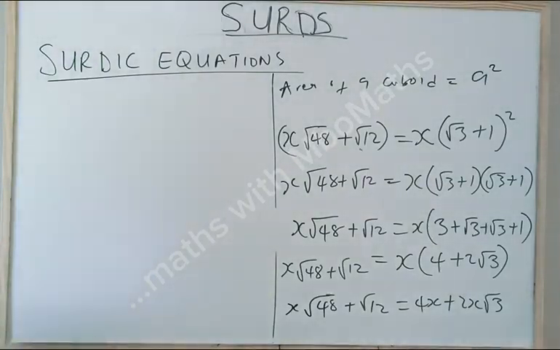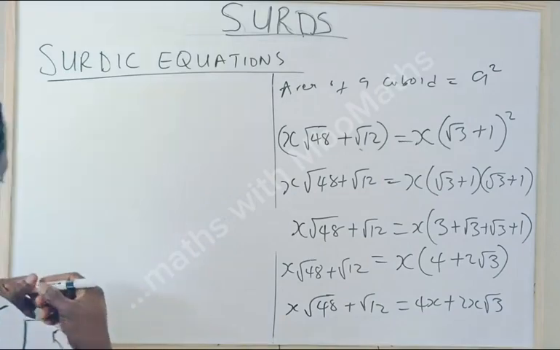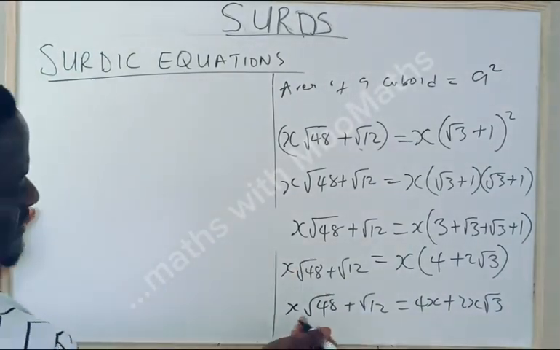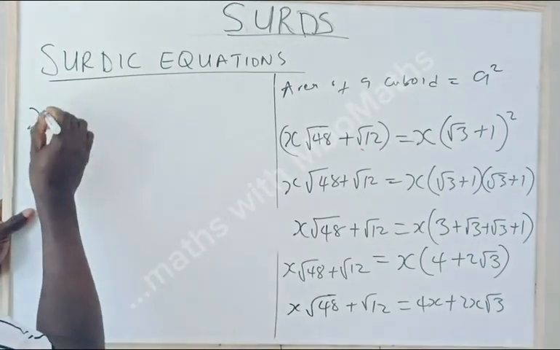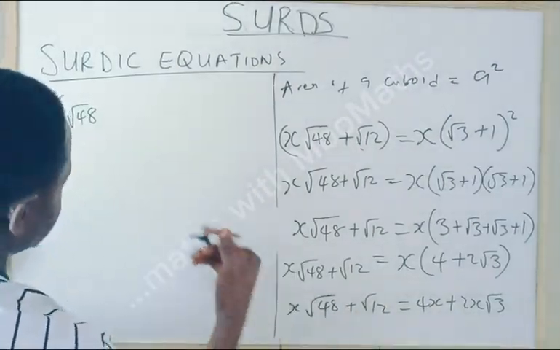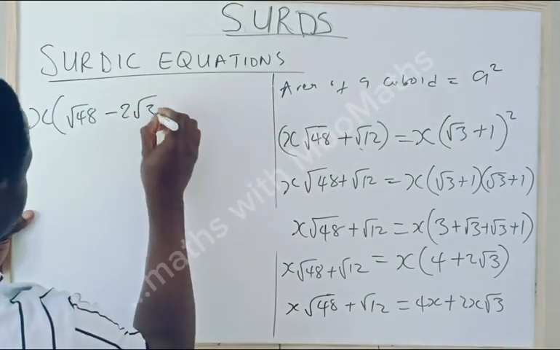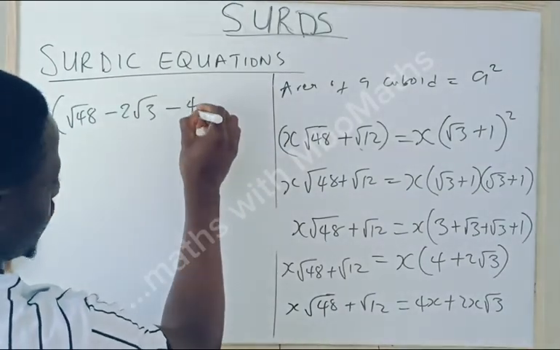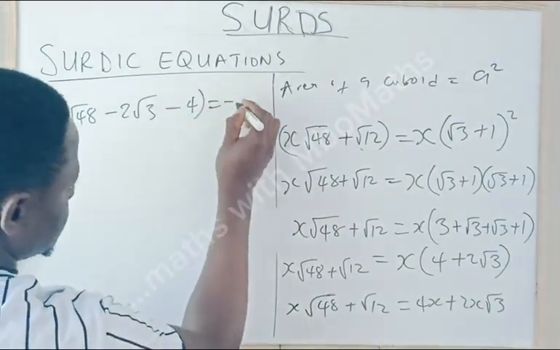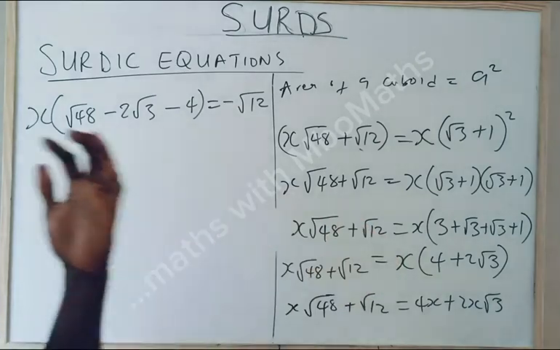So let's collect like terms. That is crossing these ones over. Remember, x is here, here, here, so x is common. x into root 48, if we cross this 4 and the other ones, minus 2 root 3 minus 4 is equal to minus root 12. Yes, that is, 12 goes there.